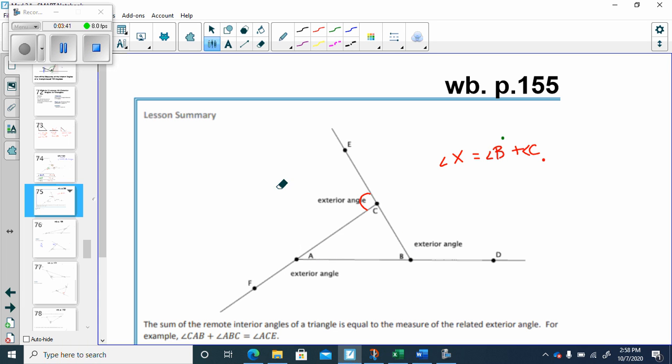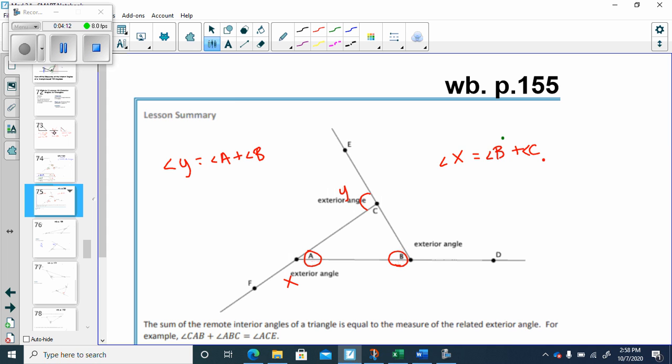If I'm talking about this angle, and I will call this angle Y, the measure of angle Y would be equal to the measure of angle A plus the measure of angle B. Angle A plus angle B. Here, if you've got X, it would be equal to the measure of angle B plus the measure of angle C. Those would be your two remote interior angles to it.